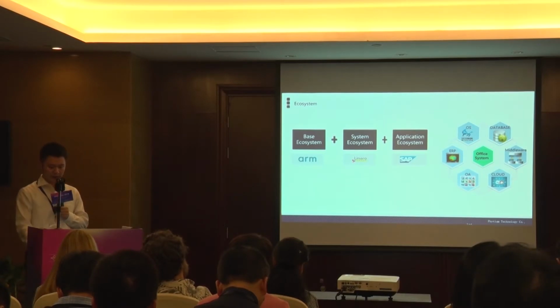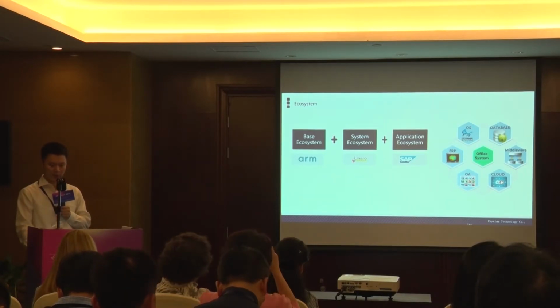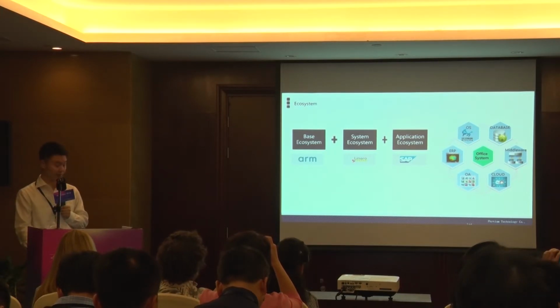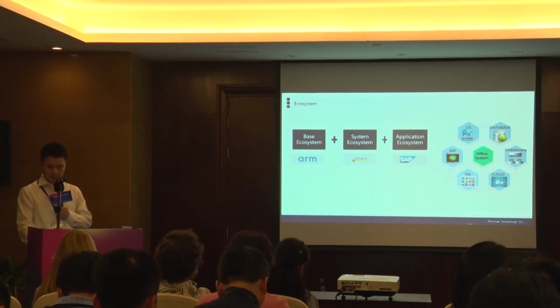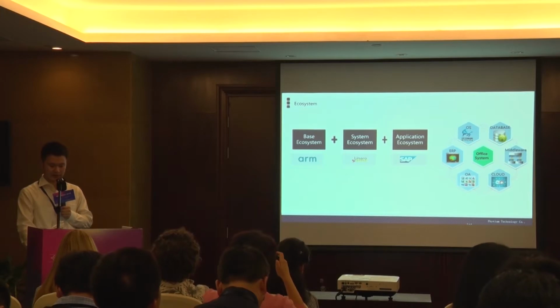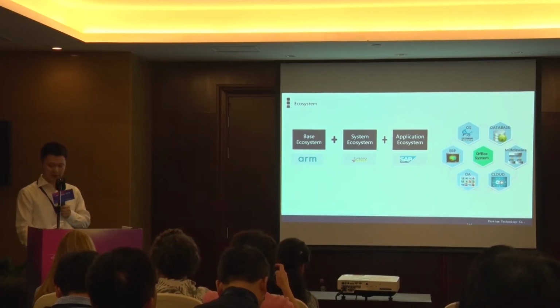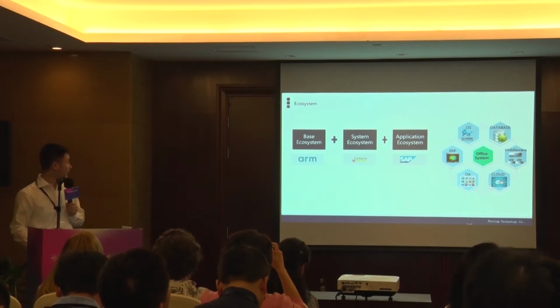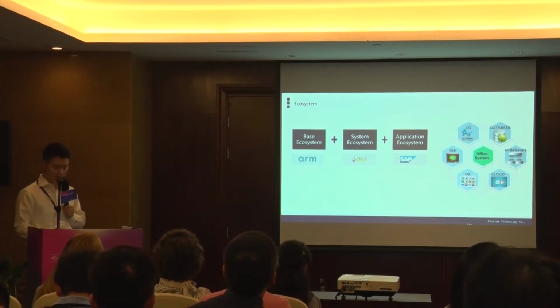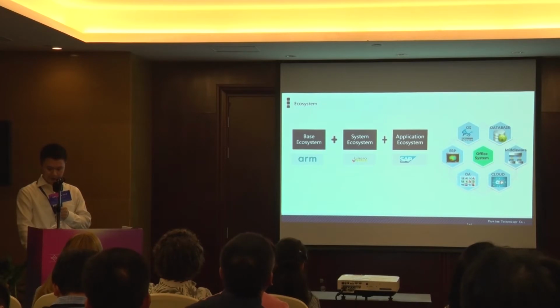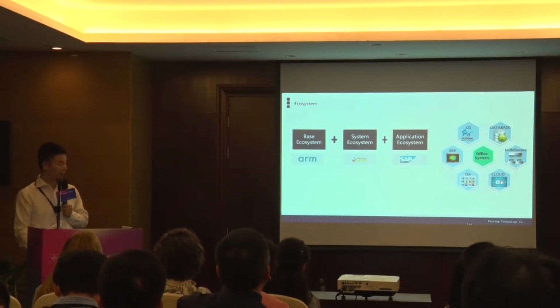And here we also want to expand on our ecosystem, because the ecosystem is also very important for the processor. For Phytium, we think there are 3 levels of ecosystem. The first one is the base ecosystem, for example the instruction set. We have deep cooperation with ARM. The second one is the system ecosystem, where we have Linaro and others.